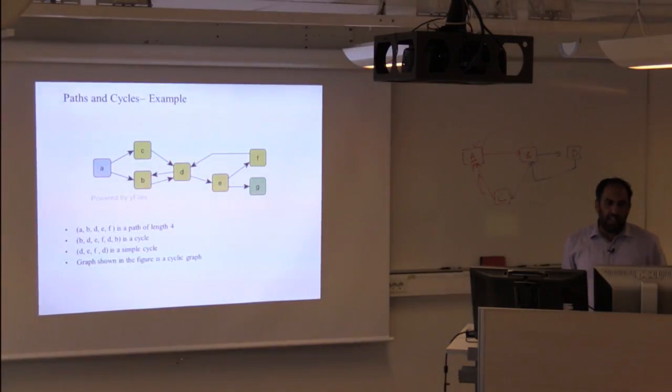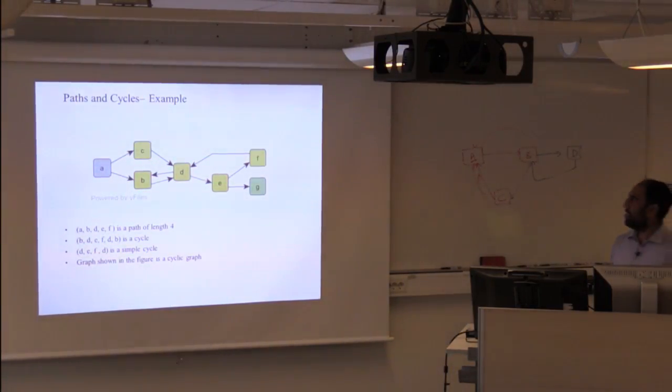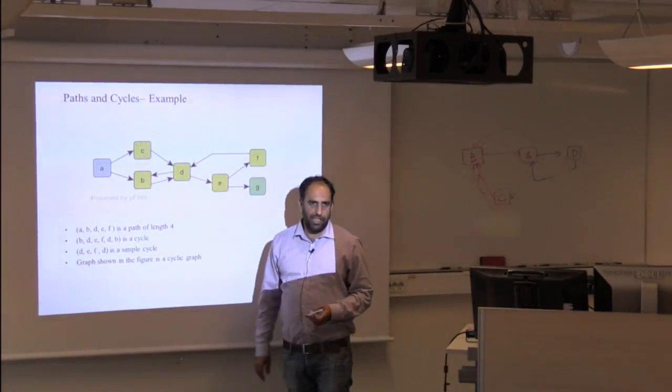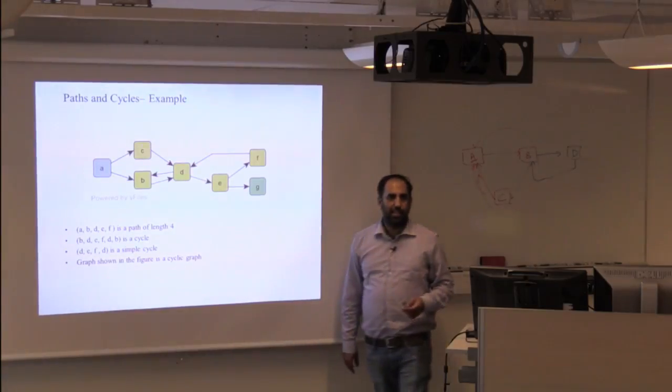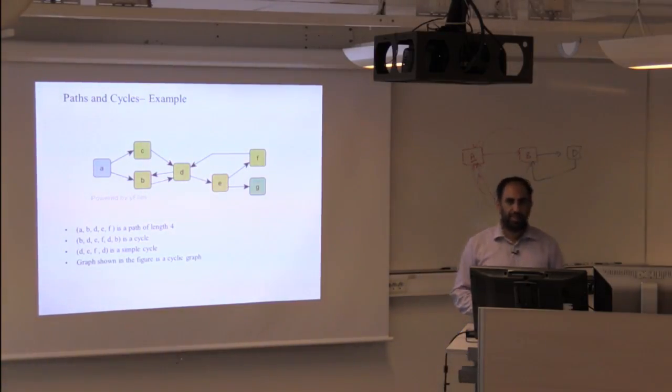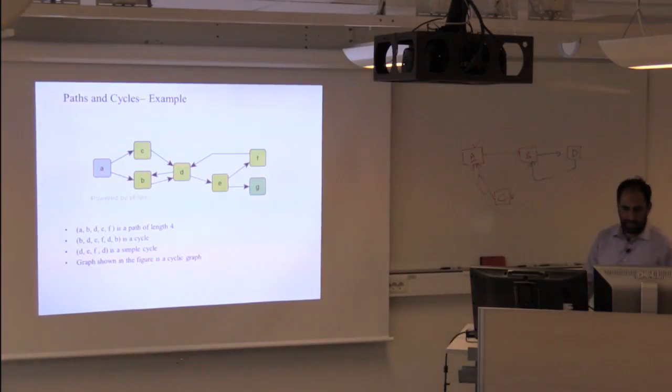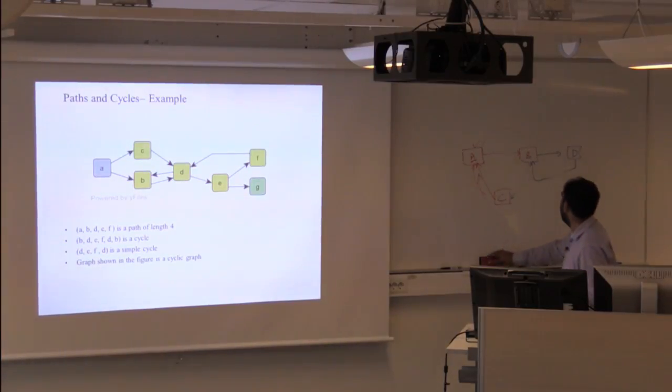So since we have at least more than one cycle, yes. From your example, A, B, D, A, B, D, and if you remove this arrow from B to D, is it still directed? Which arrow do you want to remove?